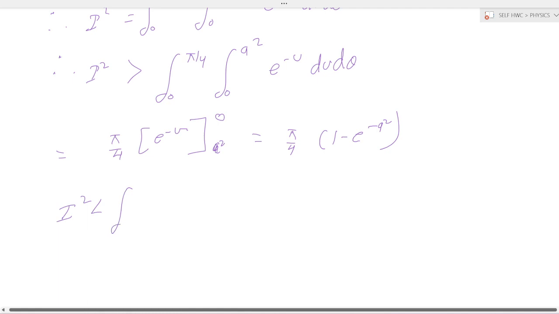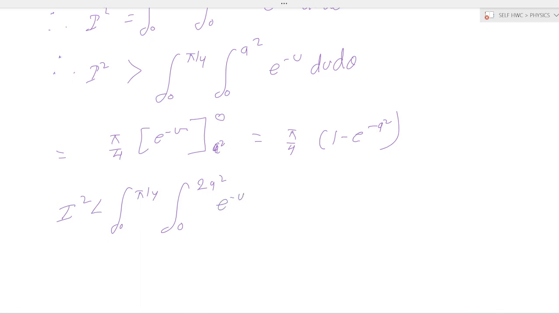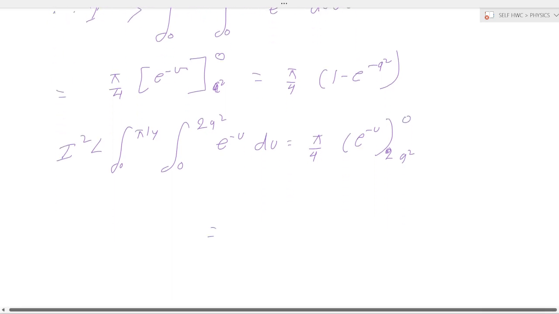And I square is less than or equal to integral 0 to pi by 4 and 0 to 2a square of e to the power minus u du, which is equal to pi by 4 e to the power minus u with limits 2a square to 0, and it is pi by 4 into 1 minus e to the power minus 2a square.